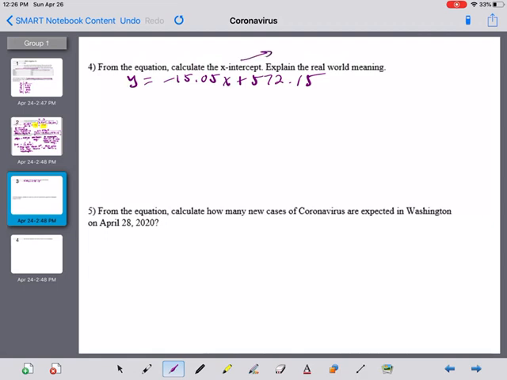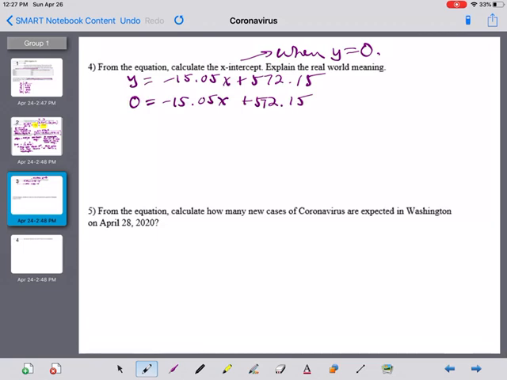Now the x-intercept, remember, is when y equals 0. The y-intercept is when x equals 0. So we have 0 equals negative 15.05x plus 572.15.